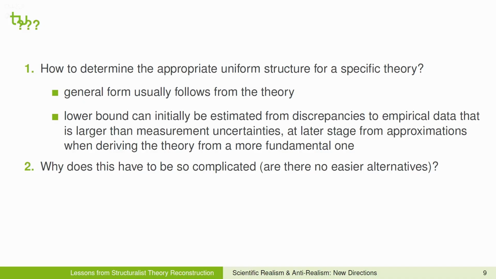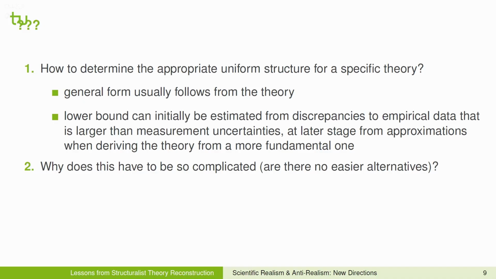And then when we discuss what the lower bounds are that we need for our theory, it depends on the stage of theory development that we are at. Initially, when we have just the first data point and very large uncertainties, we cannot say much about the lower bounds. But as soon as we come to points where the uncertainties from measurement and from statistics are not large enough to explain the discrepancy between the theoretical predictions and the data, we can already say that at least the lower bound has to cover this difference.